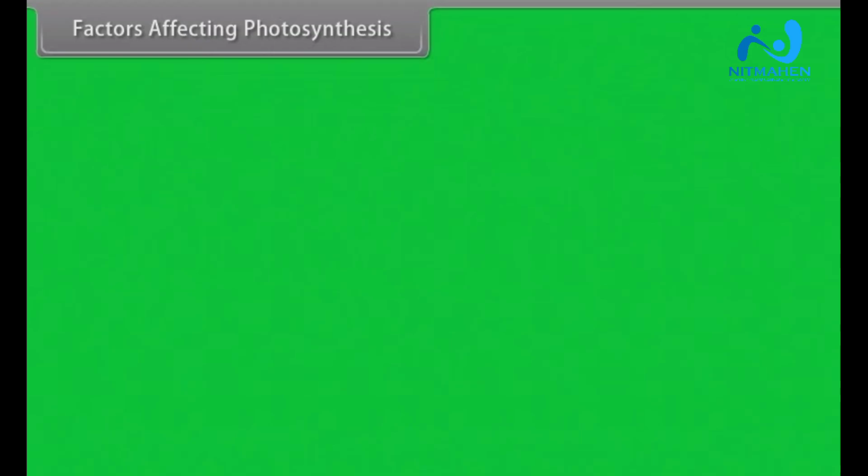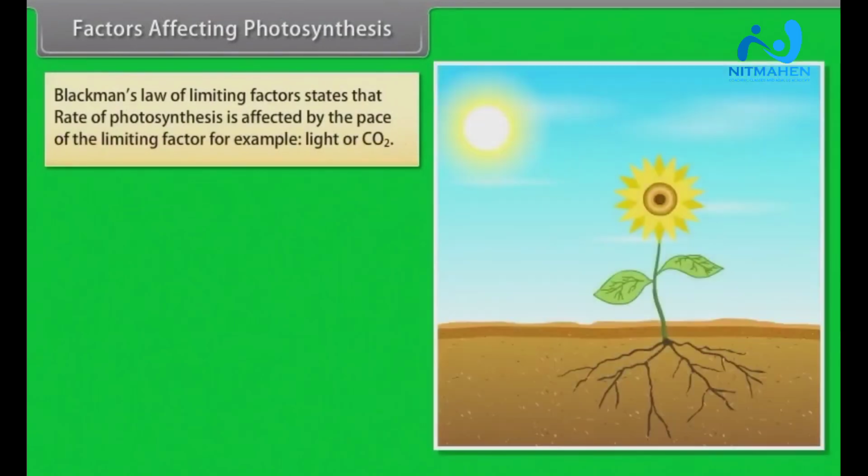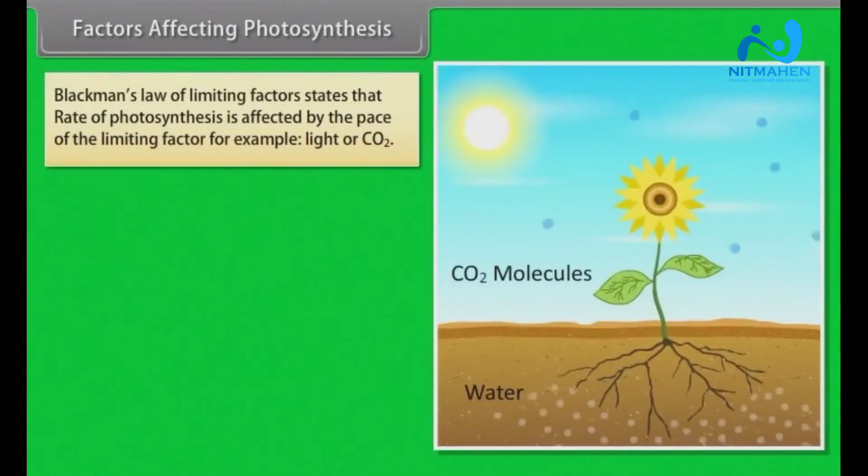Factors affecting photosynthesis. Blackman's law of limiting factor states that the rate of photosynthesis is affected by the pace of the limiting factor, for example, light or CO2. Light.